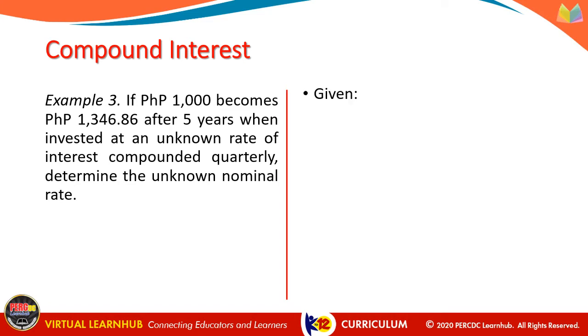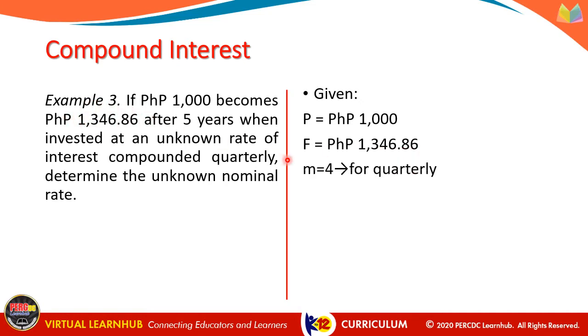We have the following given: principal or present value P, 1,000 pesos, future or maturity value F, 1,346.86 pesos, frequency of conversion M equals 4, that is for quarterly compounding, compounded quarterly, and T is equal to 5 years.